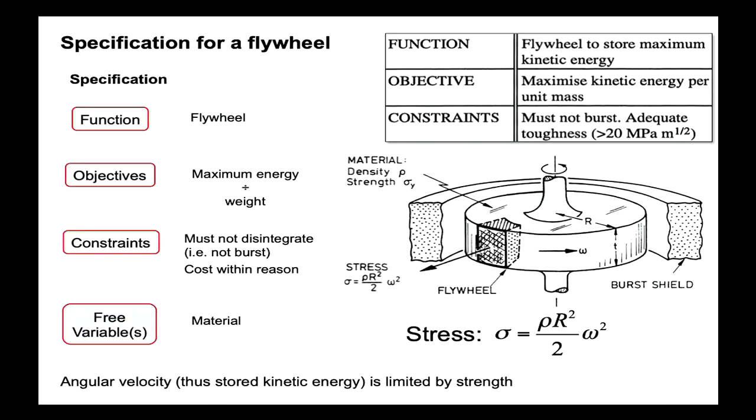But the idea of stress due to rotational activity, due to one bit of material wanting to fly away from another bit of material, I hope that's all quite apparent. Angular velocity, thus stored kinetic energy, will be limited by the strength of the material. You don't want the whole flywheel to shatter into pieces.